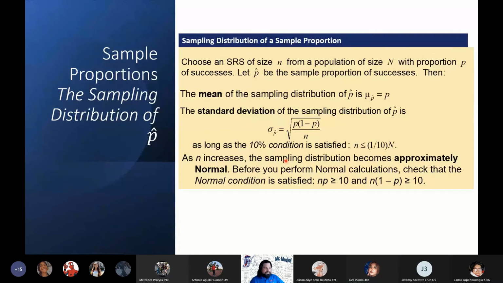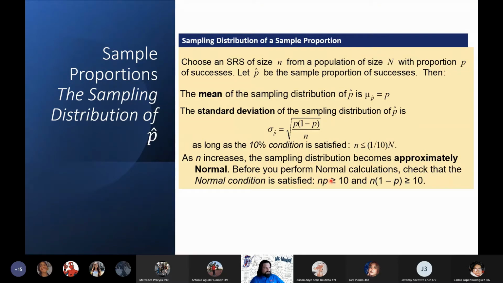As n increases, the sampling distribution becomes approximately normal. Before you perform normal calculations, check that the normal condition is satisfied. This normal condition is the large counts condition.